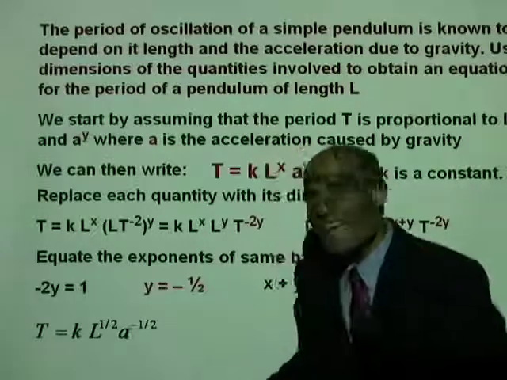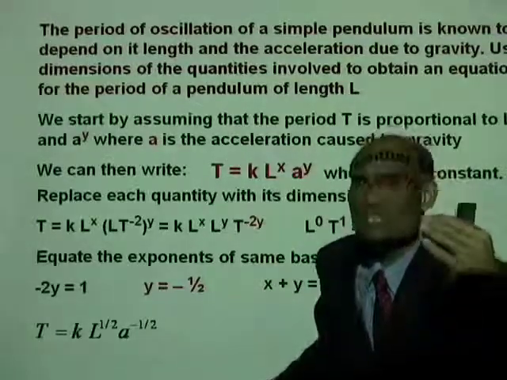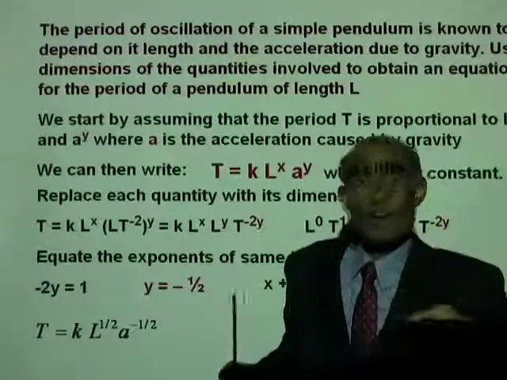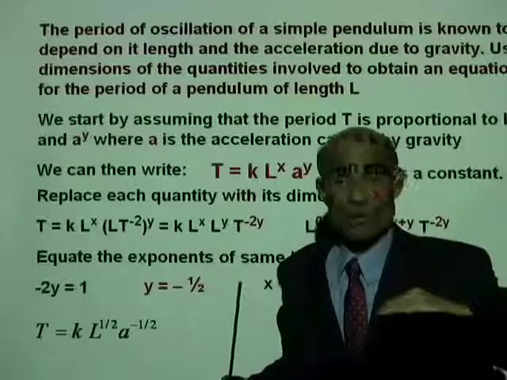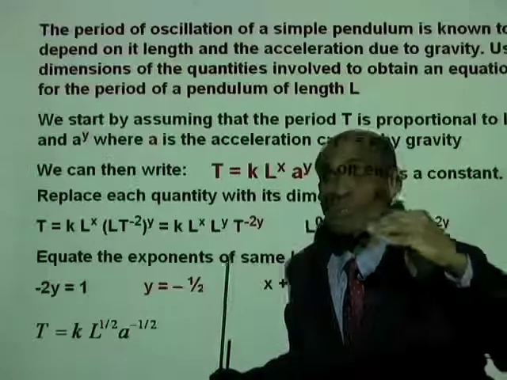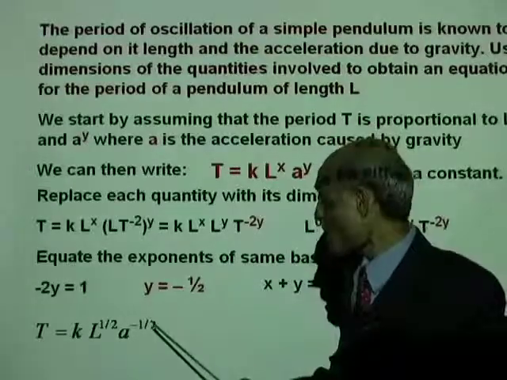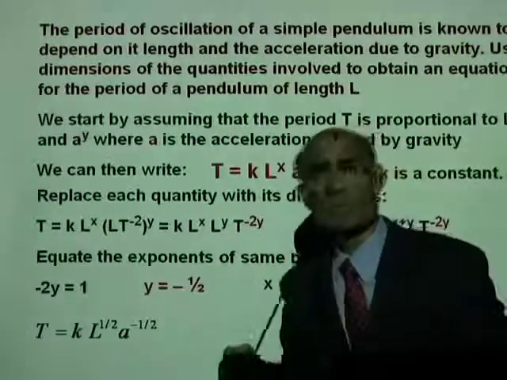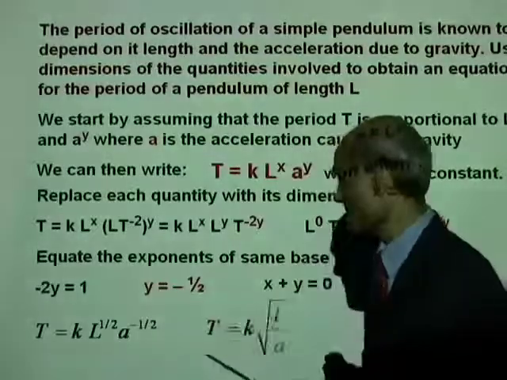And what is A to the power of negative 1/2? It is 1 over A to the power of 1/2, which is 1 over square root of A. So how do you now write this in a more civilized way?